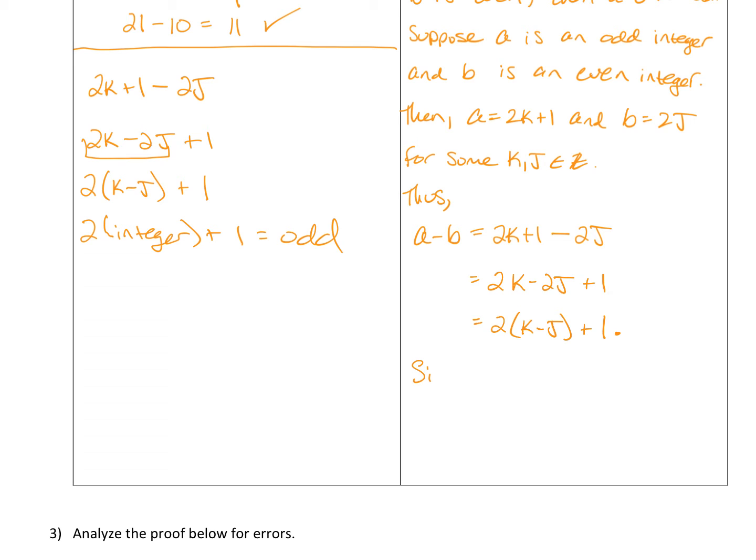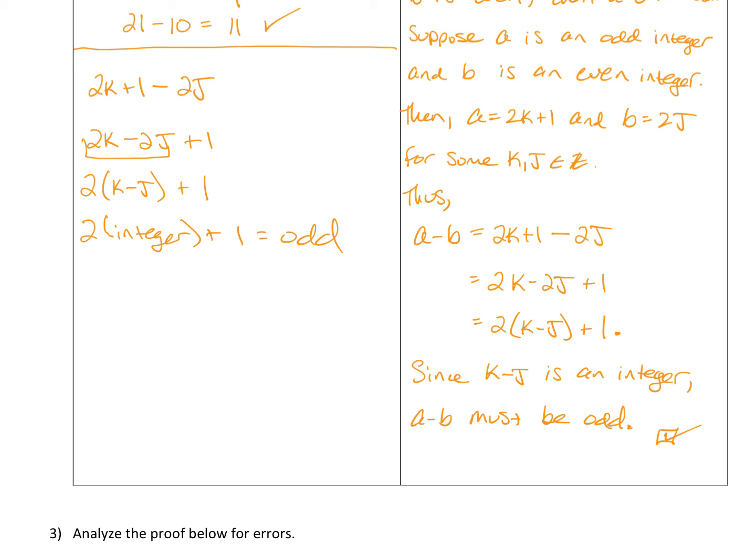Since k minus j is an integer, a minus b must be odd, right? Because it is 2 times an integer plus 1. Okay, proved it.